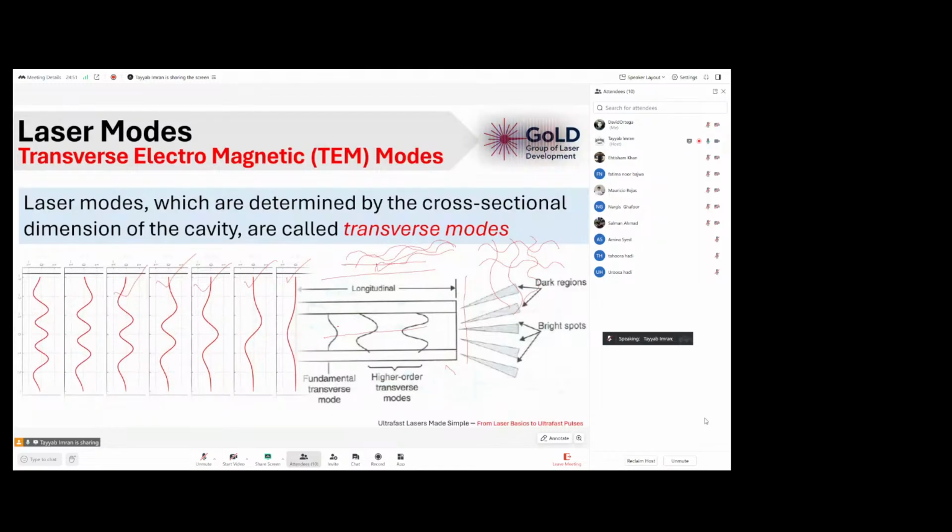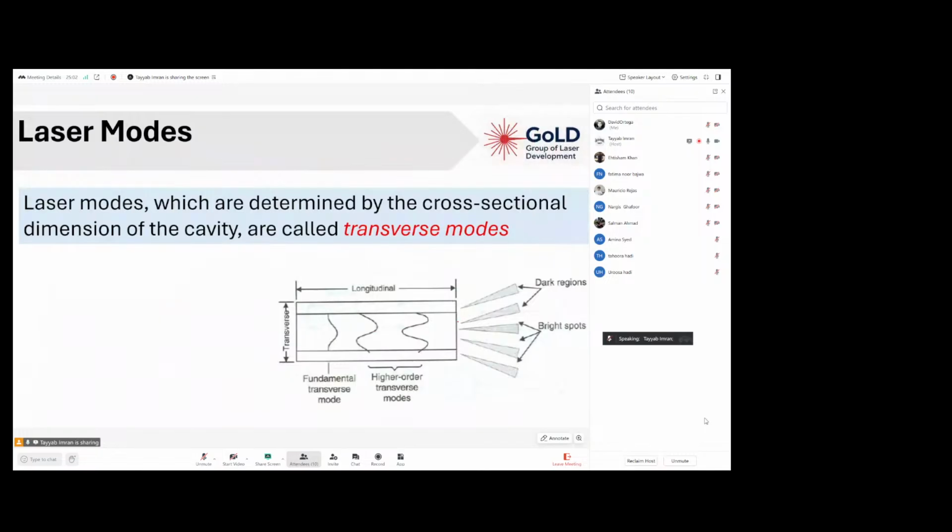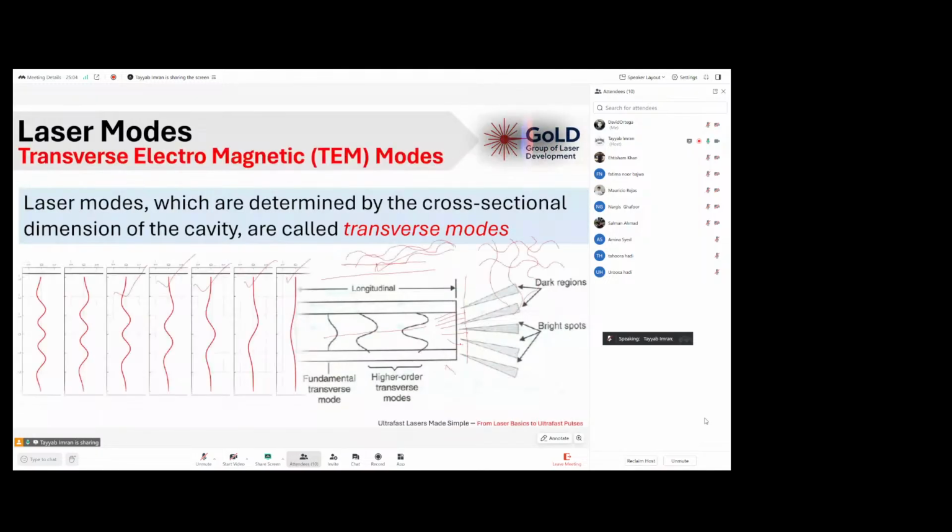If you see in this figure, you can also see there is a trough here. These are black and white, black and white, and black and white. It depends on the modes, how many modes there are, and something like this. In the next slide, probably you can understand more.